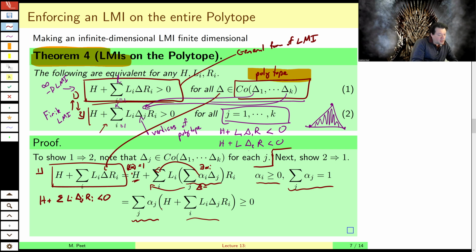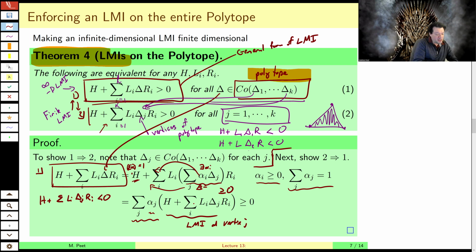Okay. So what we've got here is the sum of a bunch of alpha_i's times the LMI at each vertex j, right? And of course, we know that the LMI holds at the vertices. So each of these individual terms is less than or equal to 0. So if we multiply that by a positive scalar, it's still the same sign.